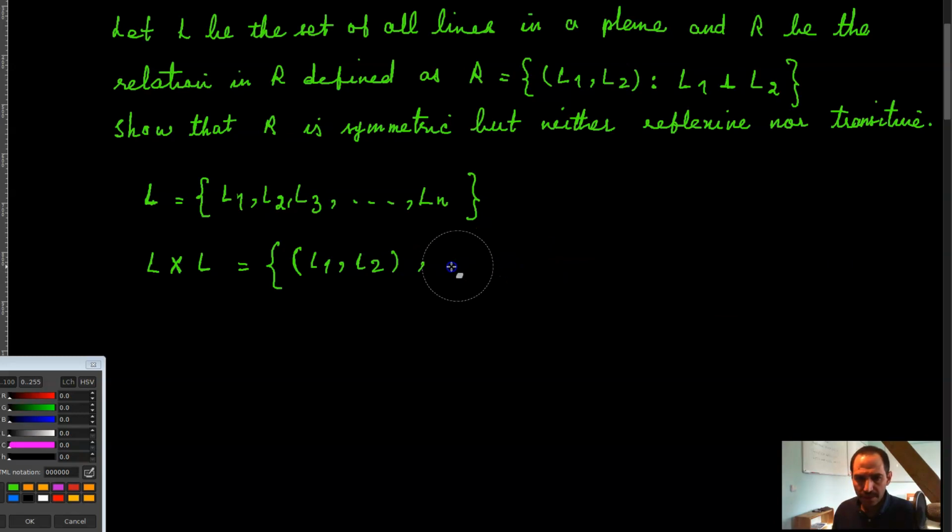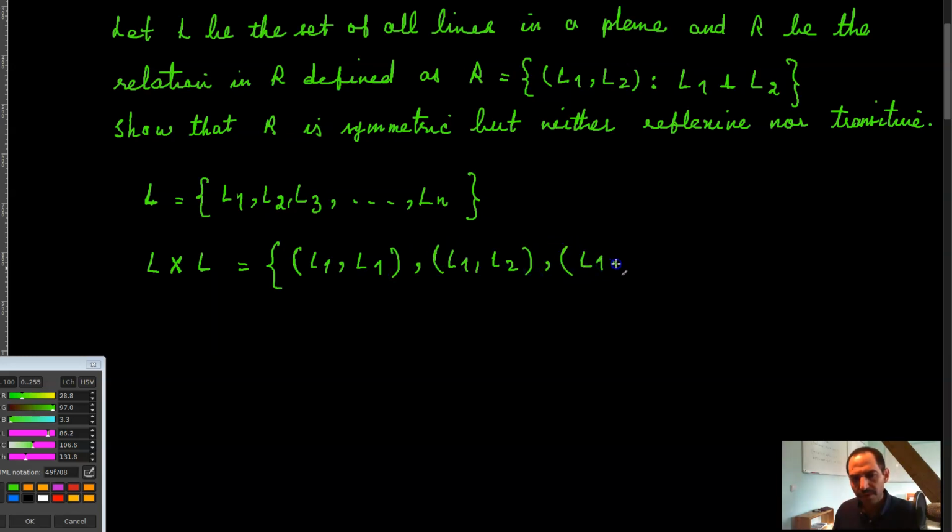Of course, it's also possible to get (L1, L1), (L1, L2), (L1, L3), and so on, all the way up to (L1, L of n).